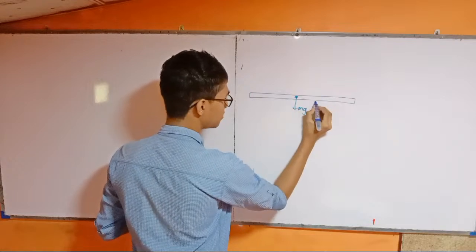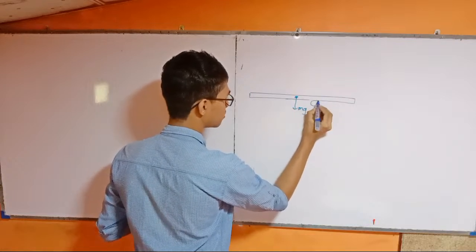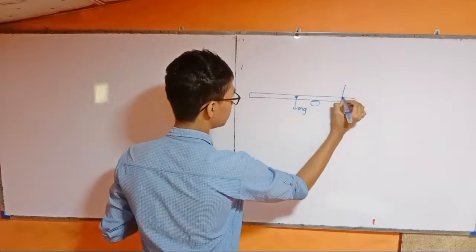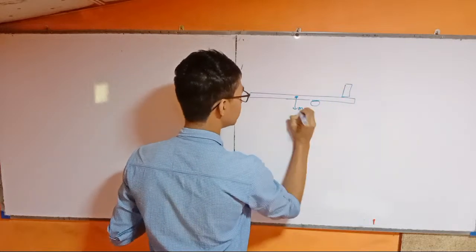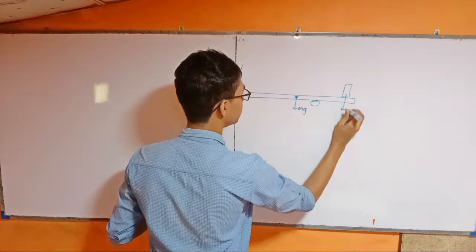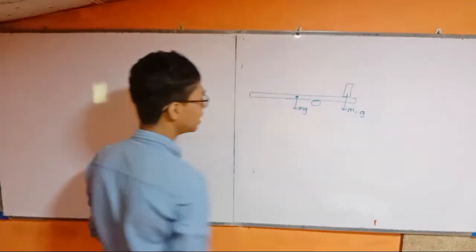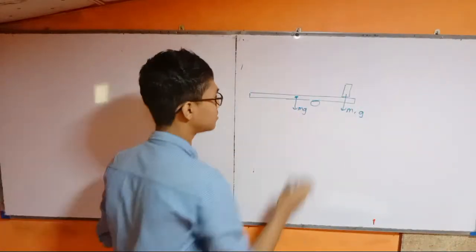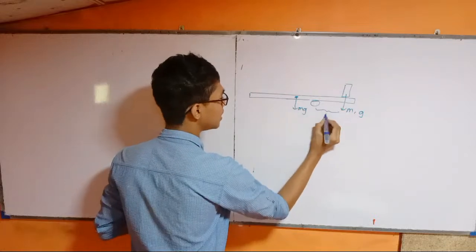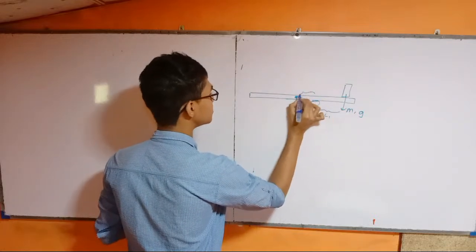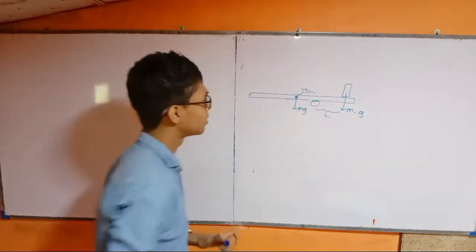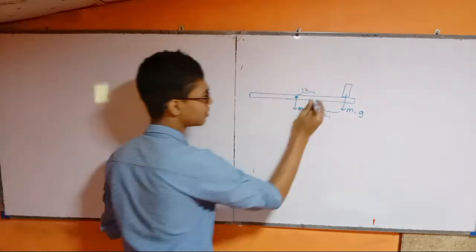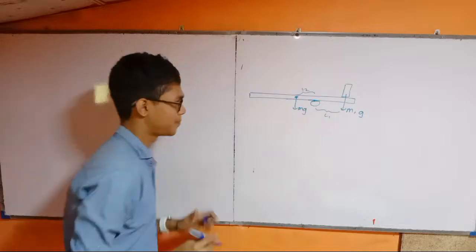My finger is somewhere here, and the object is here. This is mg. This is m1g. This distance is L1. This distance is L2. Right. Now what happened?